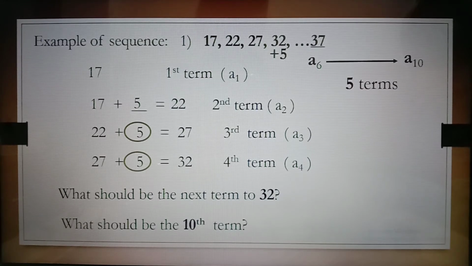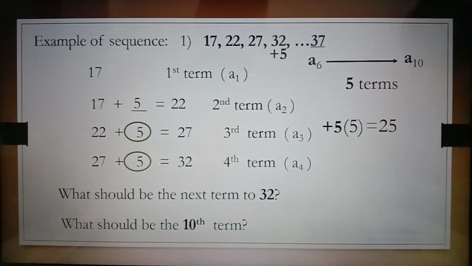So, kanina na-obserba natin na mag-a-add talaga tayo ng 5 in each term para makuha natin ang susunod na term. Now, since mayroon pa tayong 5 terms na idadagdag, so magkakaroon tayo ng plus 5 times 5, which is the 5 terms na idadagdag, which is equal to 25.